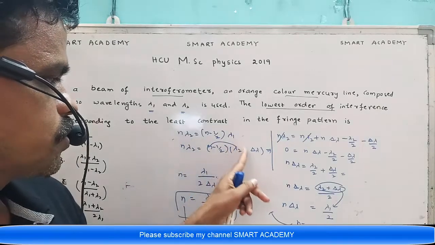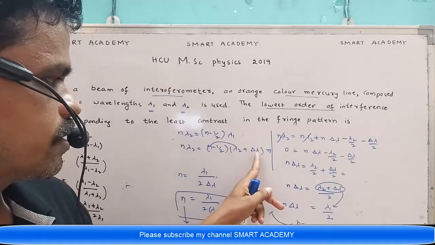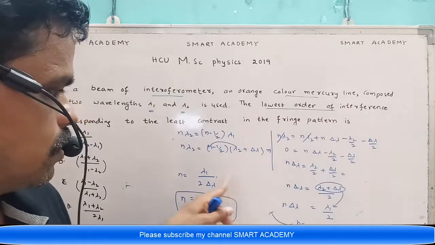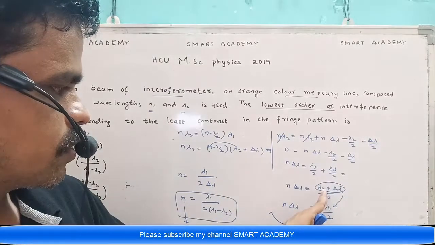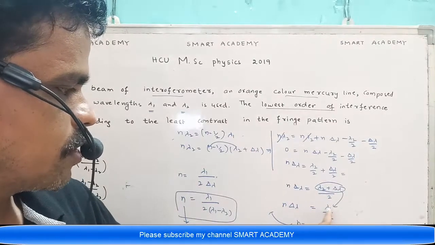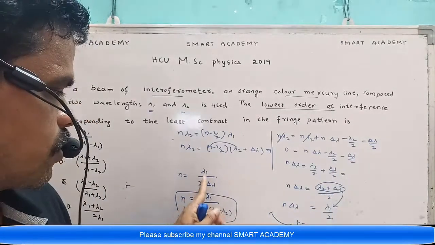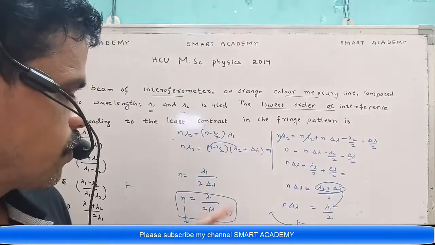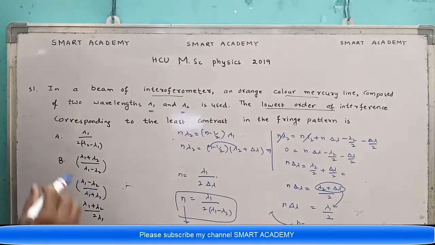From this, just substitute lambda 1 equals lambda 2 plus delta lambda. So n equals lambda 1 by 2 delta lambda, that is n equals lambda 1 by 2 of lambda 1 minus lambda 2. So this is the solution here.